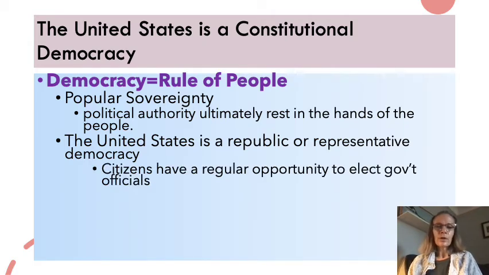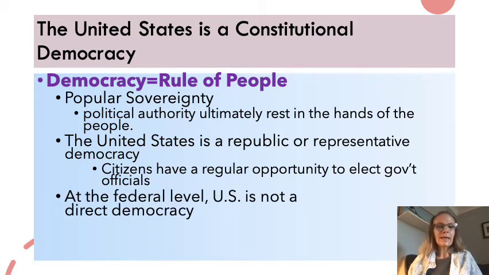Representative democracies, or republics, are where citizens have a regular opportunity to elect governmental officials, and they are our representatives, and they represent the will of the people, at least in theory, right? We have regular opportunities to elect them, and also regular opportunities to say, we don't want you anymore, we're going to replace you with some other representative.